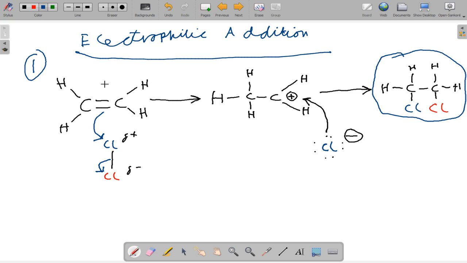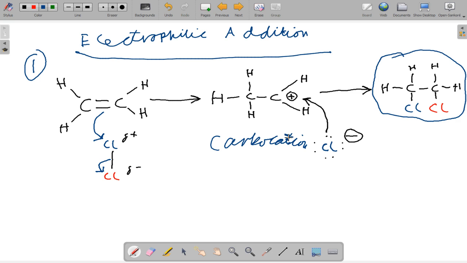So at the first step, a halogen, like chlorine, a pair of electrons from the carbon-carbon double bond move to the chlorine atom at the delta positive end, and then we go with the electron pair to the chlorine atom here, and this forms a chloride ion, and a carbocation here, as an electron has been removed from the carbon.